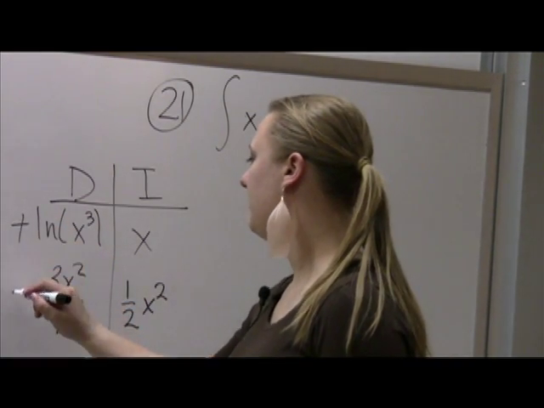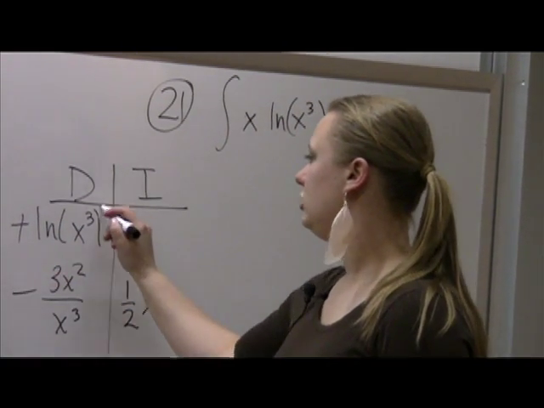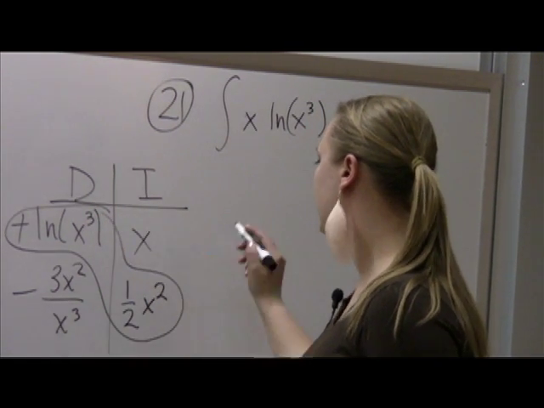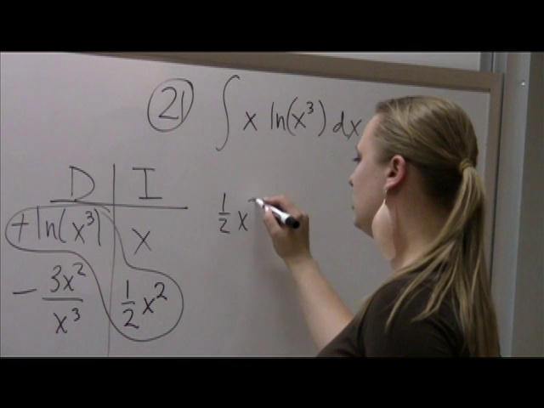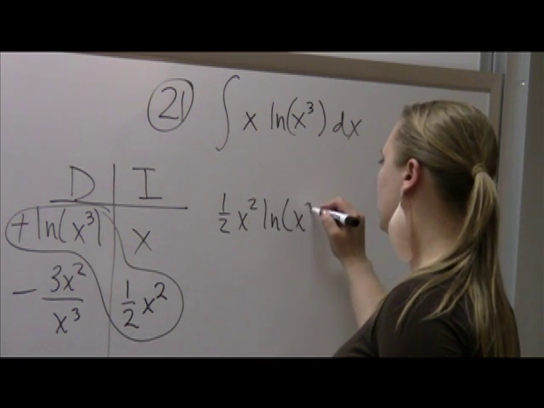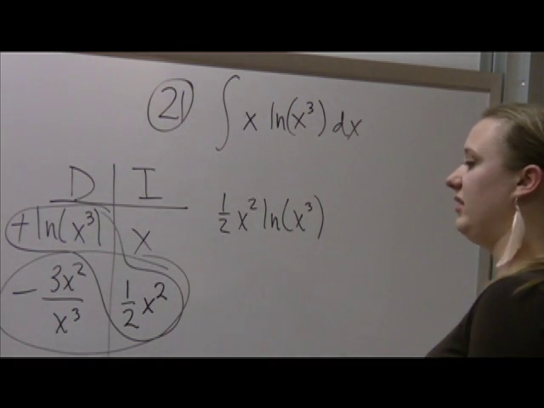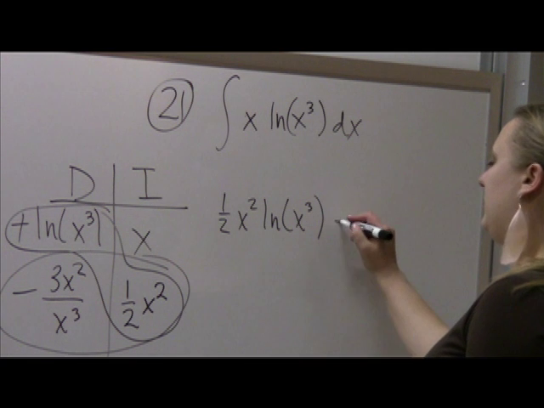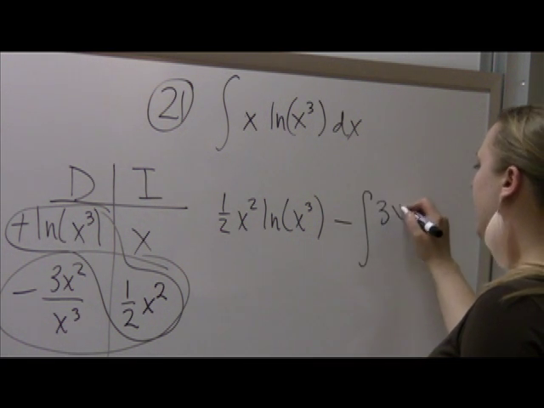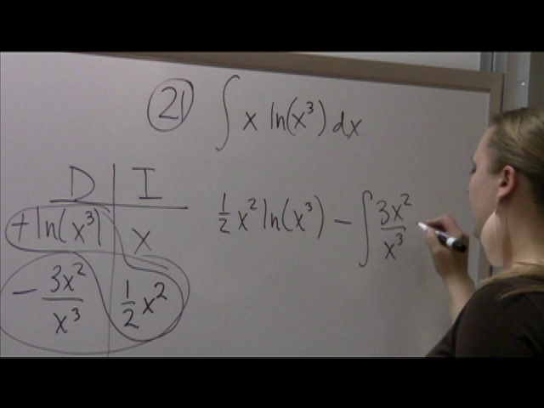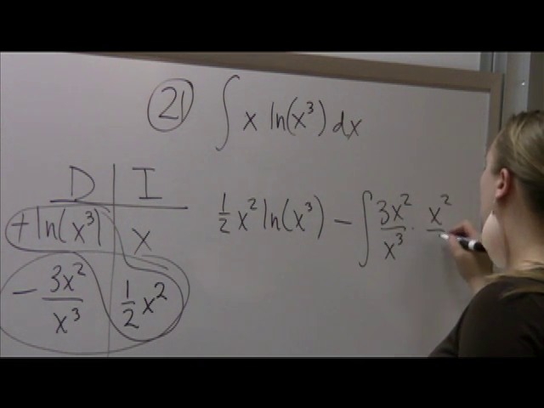Okay, plus, minus, these two multiply to give me a 1/2 x squared ln x cubed. Then these multiply, and oh yeah, it's gonna be fun. Minus the integral of 3x squared over x cubed times x squared over 2.